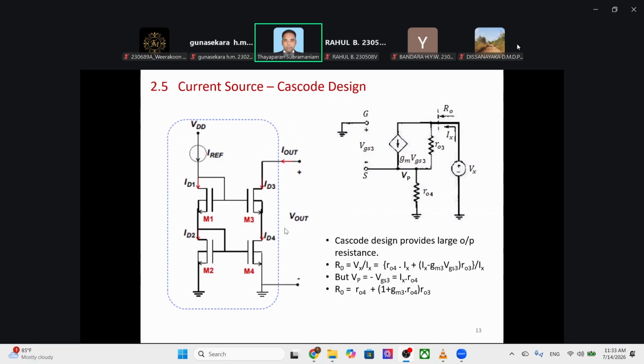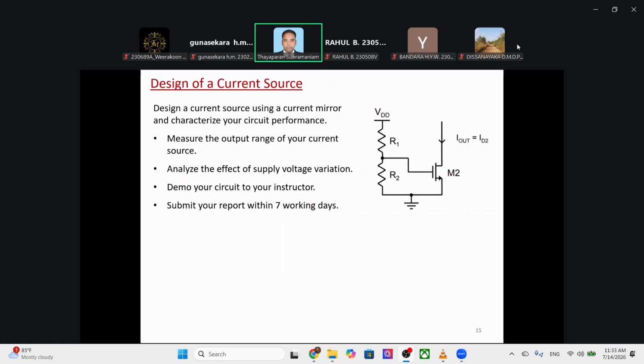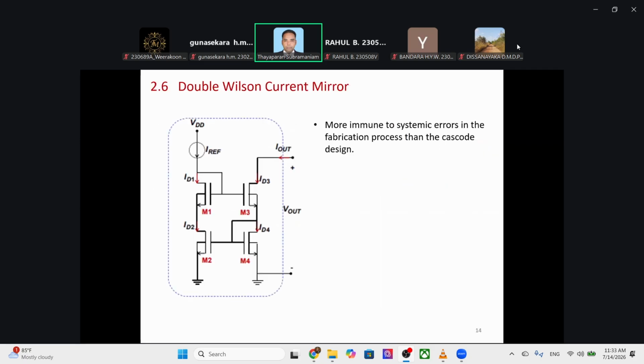So what we do here is change this, because anyway these two are matching transistors. One decides VGS equal to VDS, the other one is open. Therefore, if we bring that condition here, it is more immune to systematic errors, because this one is decided by shorting drain to gate.